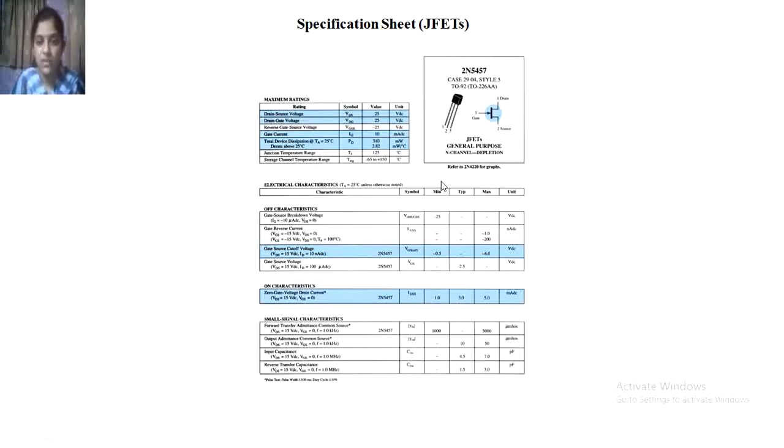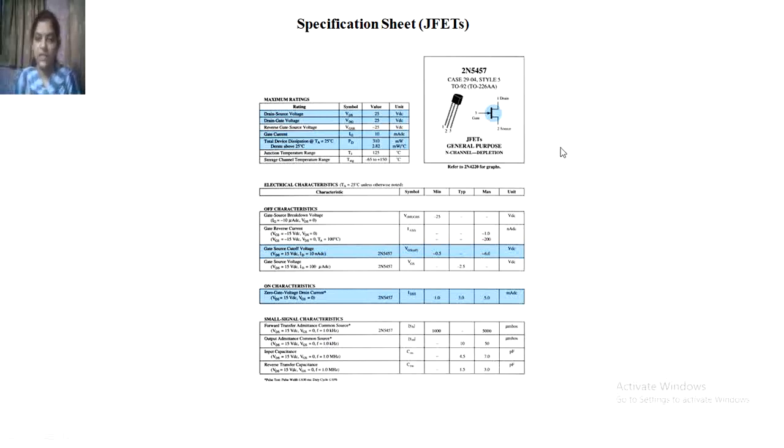So this shows the specification sheet for the JFET. So 1, 2, 3. Here the semicircle and flat portion is here. Here 1 is the drain, 2 is the source, and 3 is the gate. The number is 2N5457. These are the electrical characteristics: off characteristics, on characteristics, and the small signal characteristics.